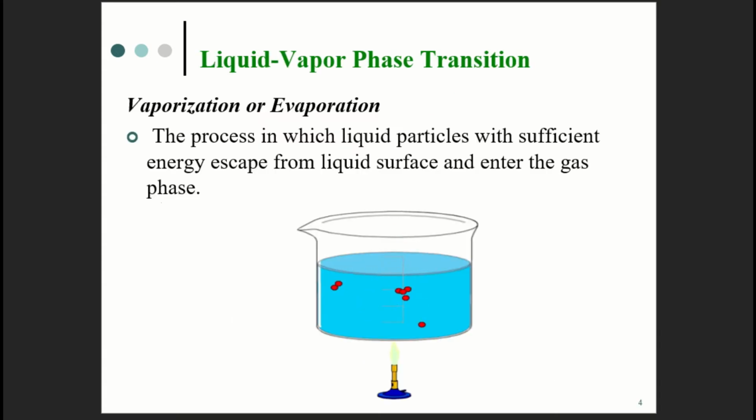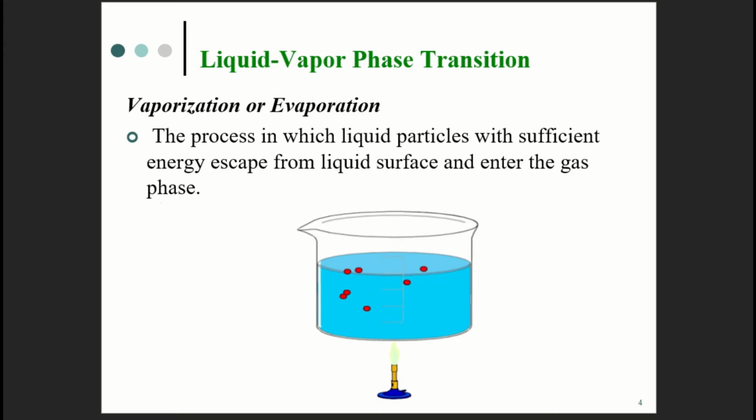For the liquid-vapor phase transition, we have vaporization or evaporation. It is the process in which liquid particles with sufficient energy escape from the liquid surface and enter the gas phase. So I have explained to you before, class, that vaporization or evaporation happens when these liquid particles have enough energy. They can actually escape.